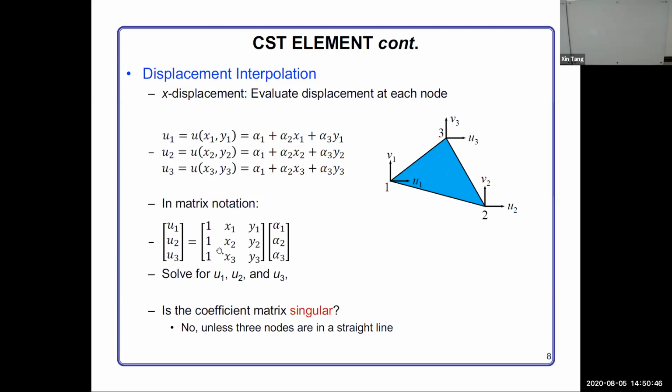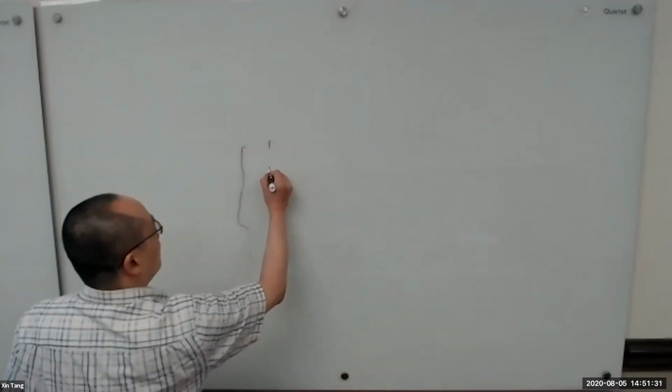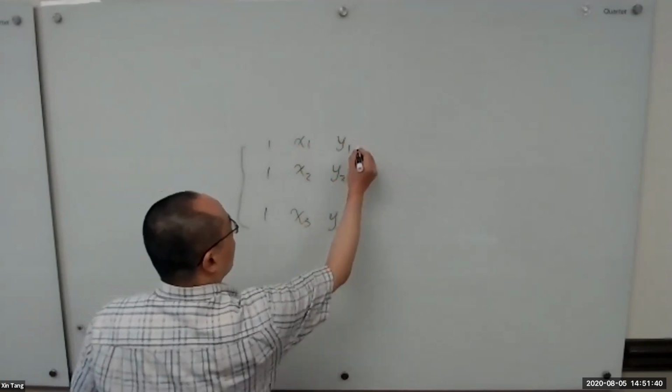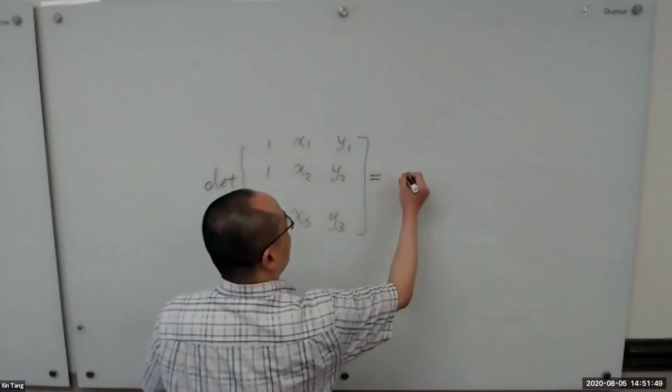It is written as 1, 1, 1, x1, x2, x3, y1, y2, y3, right? So what does this matrix mean? Let me go to the board. My question is, for this matrix of 1, 1, 1, x1, x2, x3, y1, y2, y3, if you calculate the determinant of this, what is it?